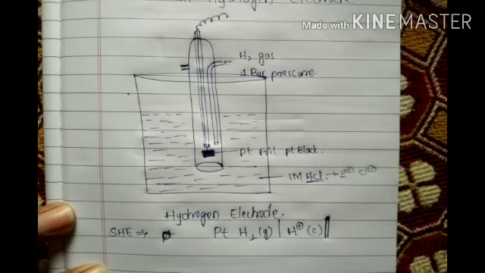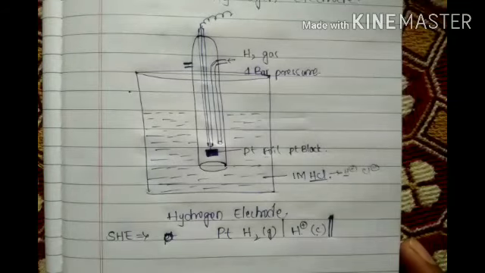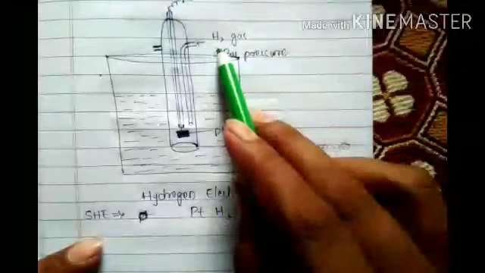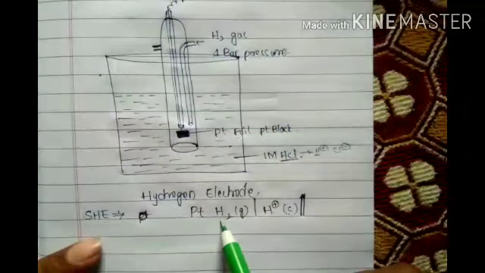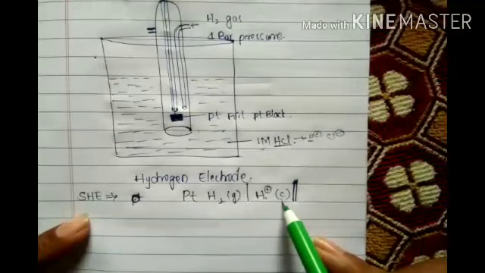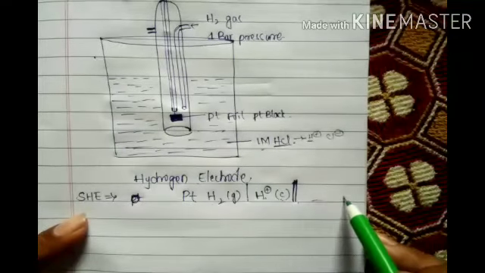Got it? Now first I will tell some theory about this. Everything clear? Platinum we are taking, H2 gas inside, and HCl solution at 1 M concentration. And the salt bridge, whether it is on the left side or right side, we have to connect it with this wire.